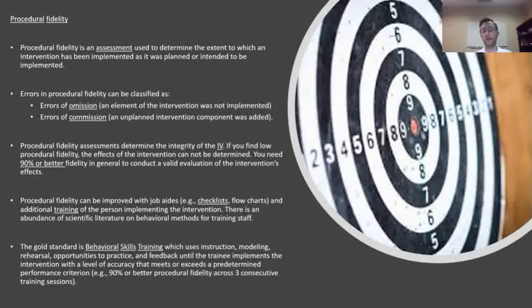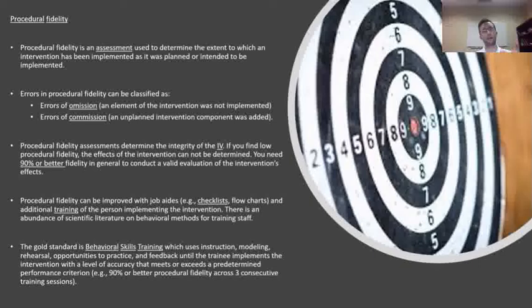The gold standard is behavioral skills training, which uses instruction, modeling, rehearsal, opportunities to practice, and feedback until the trainee implements the intervention with a level of accuracy that meets or exceeds a predetermined performance criterion, such as 90% or better procedural fidelity across 3 consecutive training sessions.